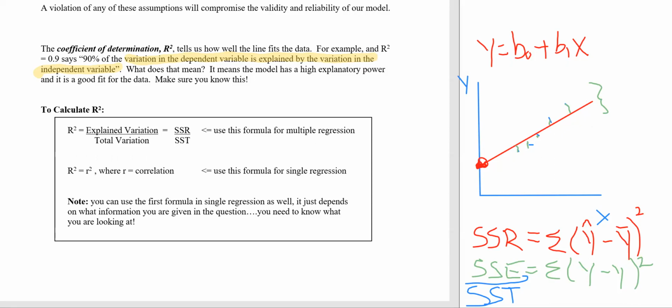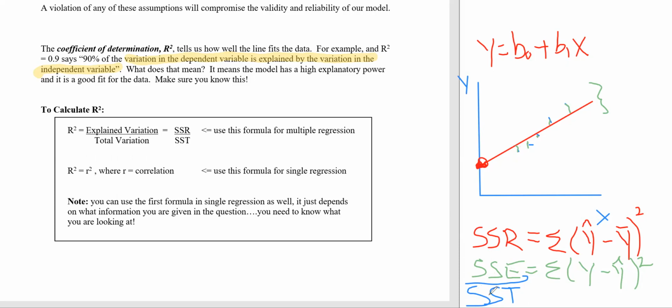This has got to be a Y with a hat. So the SSE, this sum of the squared error, is the actual value, these dots here, minus the predicted value by this line. I've even drawn it there. It's the squared deviation. We've got it. All right, I hope I recovered from that.